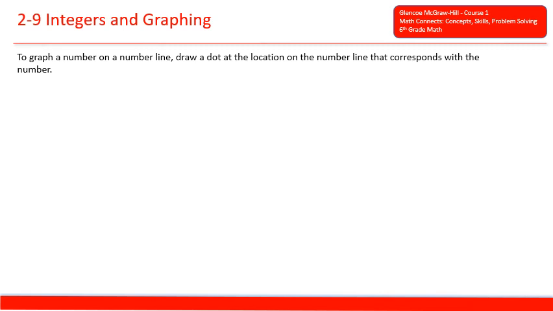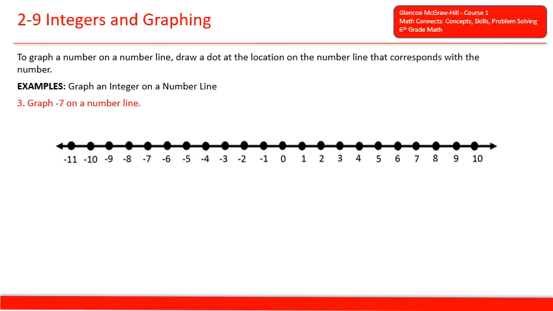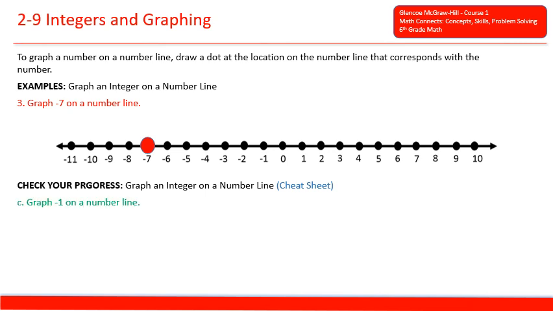To graph a number on a number line, draw a dot at the location on the number line that corresponds with the number. So, graph negative 7 on a number line. If we start at 0 and go left 7 places, we'll find negative 7. Check your progress. Graph negative 1 on a number line.